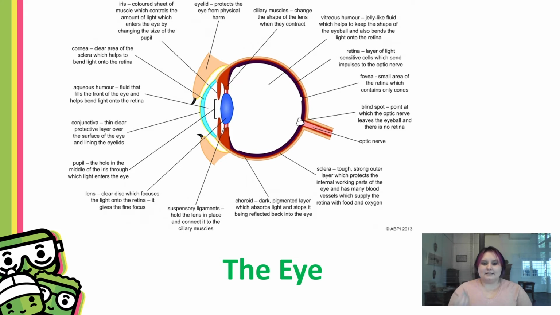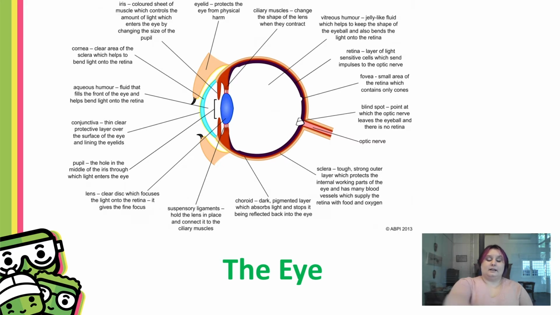And the lens is the part of the eye that is so important, because the lens allows us to bend or refract the light in such a way that the light hits the retina at the back of the eye. And that is important because the retina is where the receptor cells are located.